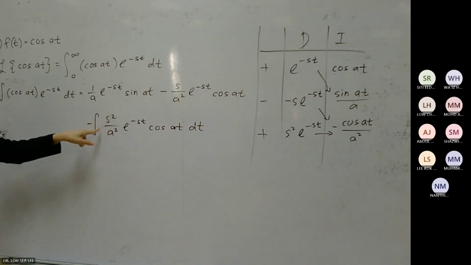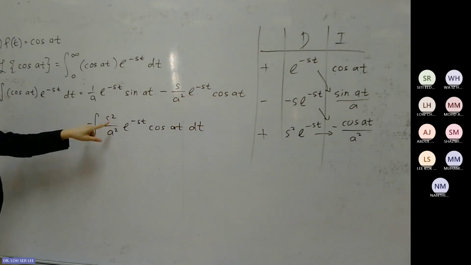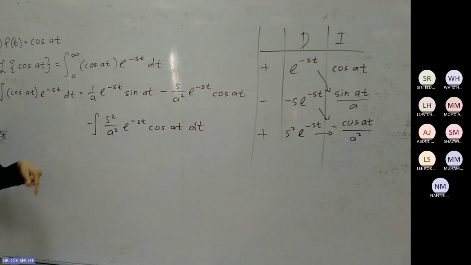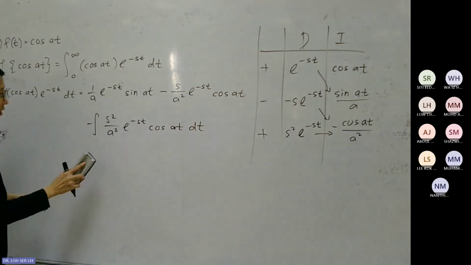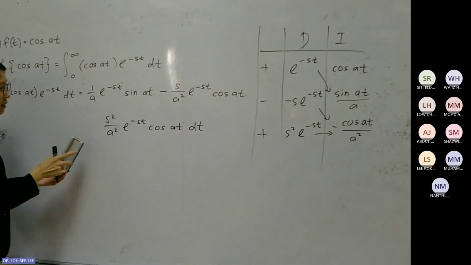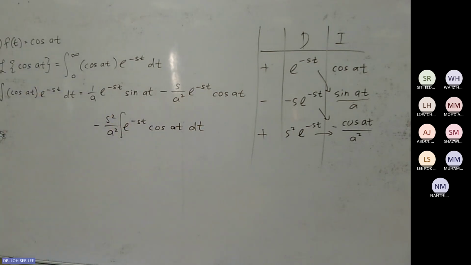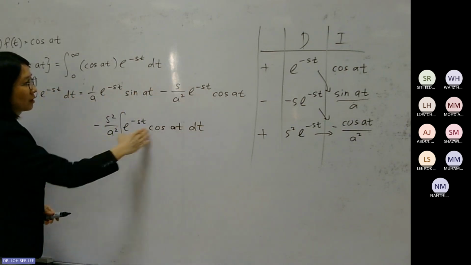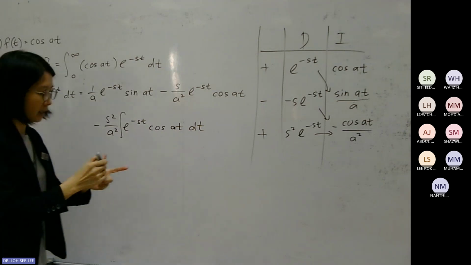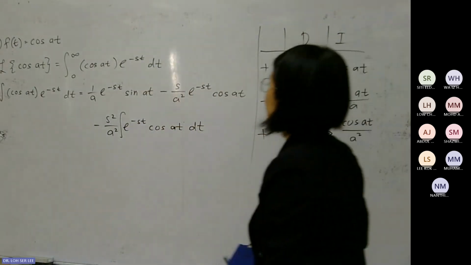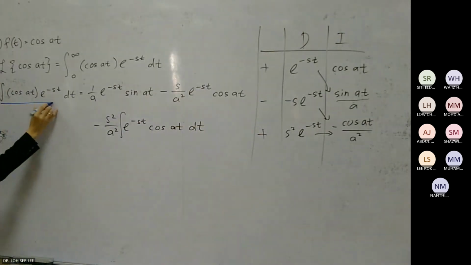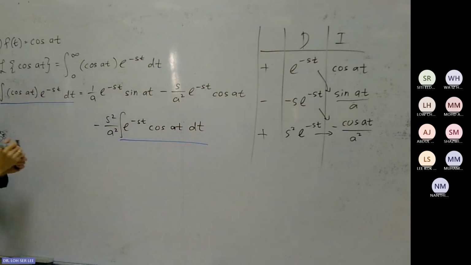This is a constant, right? This is a constant which we can factorize. I just write it this way. We factorize the s squared over a squared. This is your left hand side. This is your right hand side, and you have the same term of this.